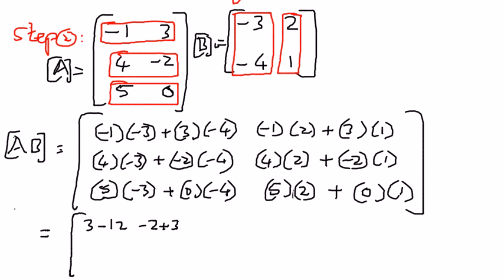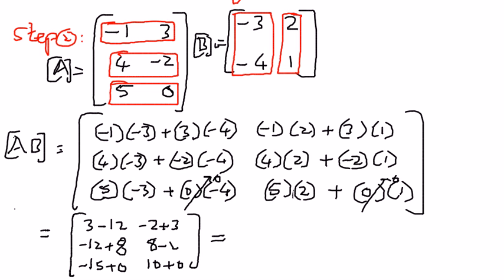In here 4 times -3 is -12, and then plus 4 times 2 is 8, and then in here we have 8 minus 2, and then 5 times -3 is negative 15, and 0 times -4 is 0, therefore plus 0. 5 times 2 is 10, and 0 times 1 is 0, therefore plus 0.